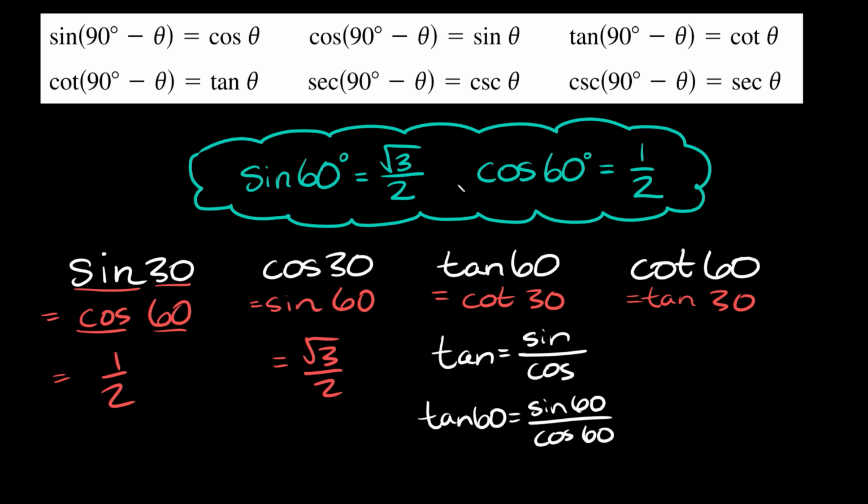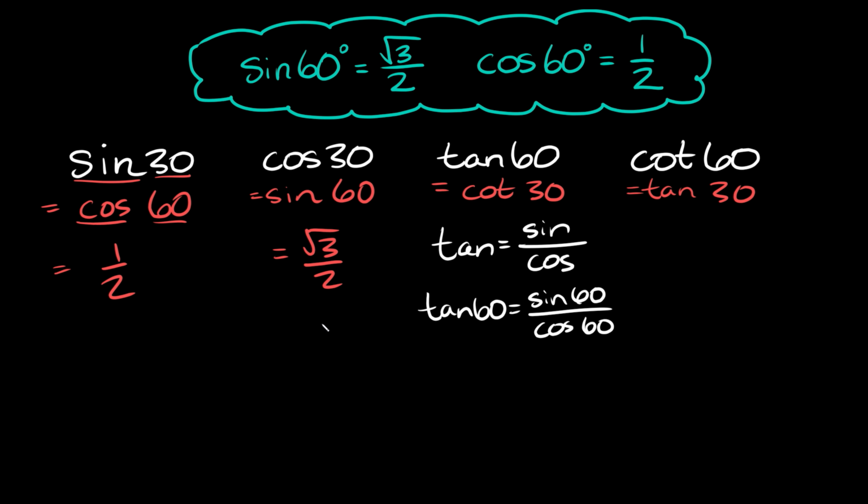Because that's given. So let's scroll down just a little bit. So here we can say that, let's write it out here a little bit to give ourselves some room. The tangent of 60 is equal to the sine of 60, which is root 3 over 2, divided by, right, the cosine of 60. Cosine of 60, again, is 1/2. All right, now in order to divide fractions, you can multiply by the reciprocal, right? So that means this whole thing is equal to, first of all, the first fraction on top stays the same.